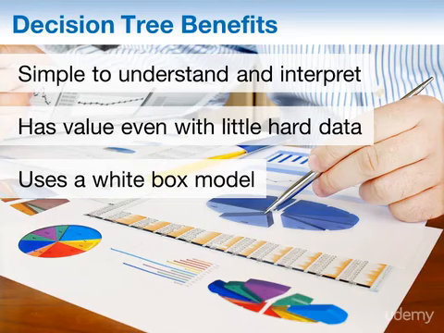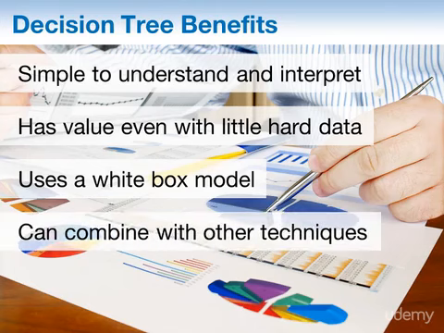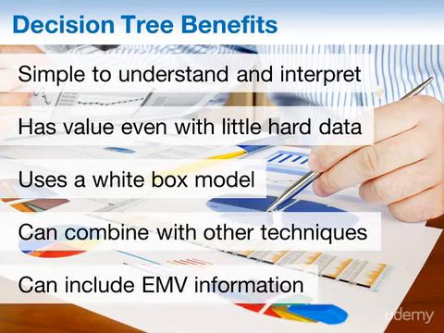No. You can easily follow along and calculate this yourself. It's a white box. Of course, it can be combined with other decision-making techniques like PERT, for example, and as we have done in our lesson here, you can include expected monetary value information into a decision tree as well.